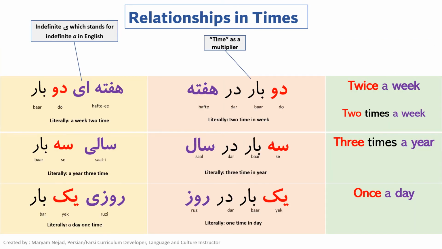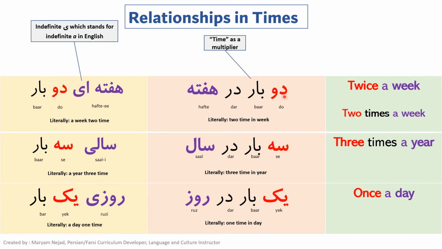So now I want to give a more specific answer. Instead of saying once in a while, I want to say twice a week or 3 times a year or once a day. So there's two ways that we can say these phrases in Farsi. Let's go over this column first. For example, I want to say twice a week. So it's like do bar dar hafte.